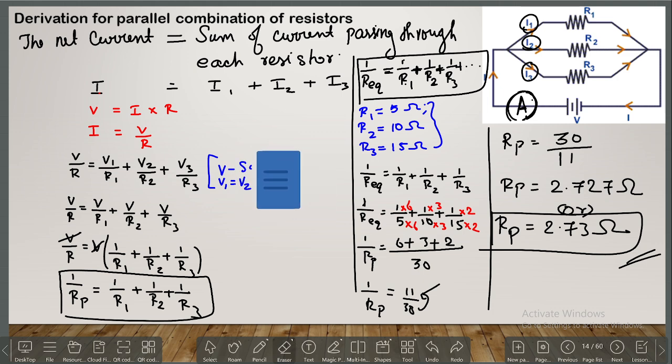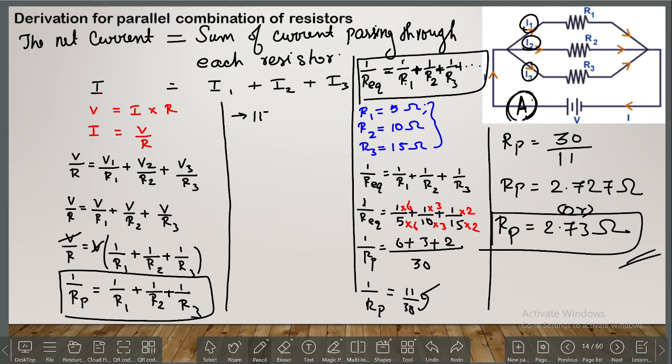So based upon this condition, what we can say about the net resistance in parallel means, we'll write over here. In parallel combination, the net resistance will be low, or you can call it as the lowest. That too, the net resistance will be lesser than the resistance of each resistor.